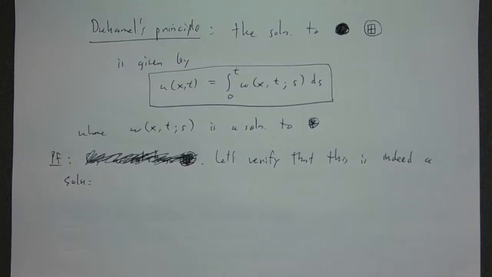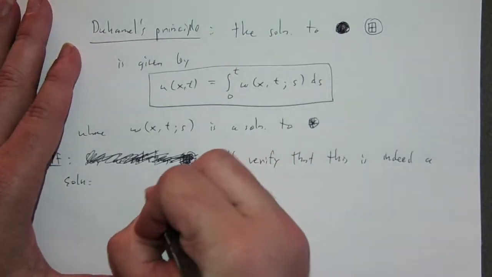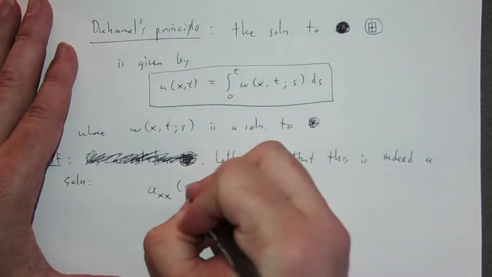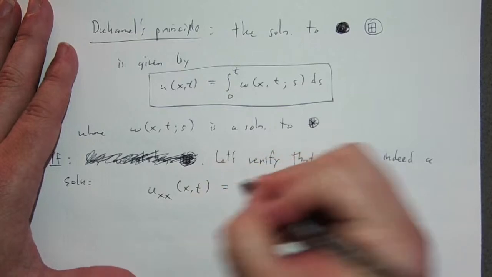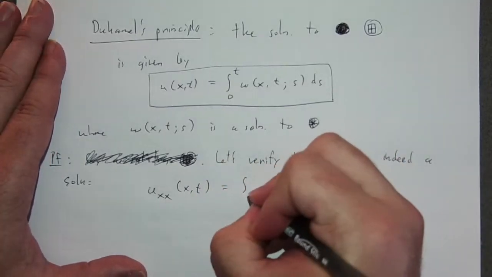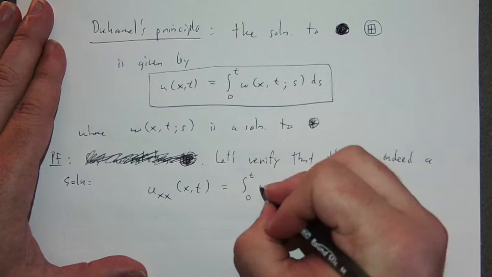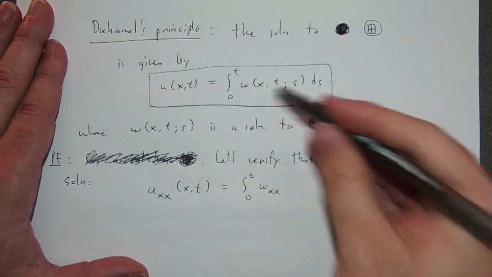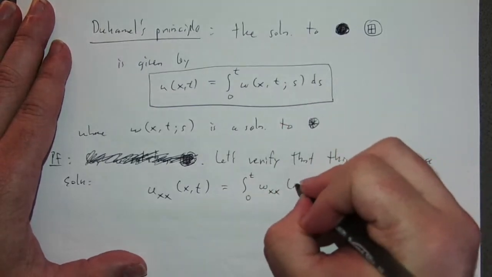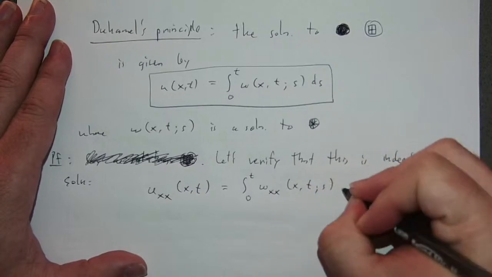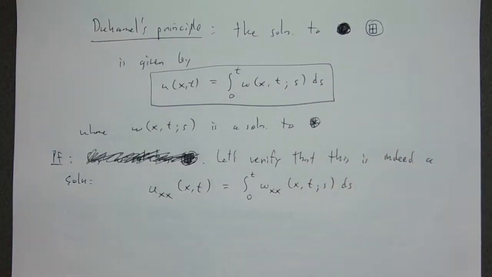And so what does this lead to? I can take the double x partial of u, and what do I get? I get the integral from 0 to t of the double x partial of w(x,t,s) ds. Okay.